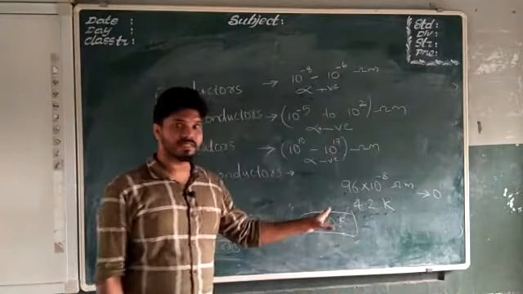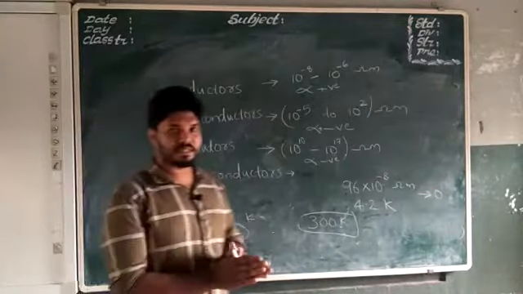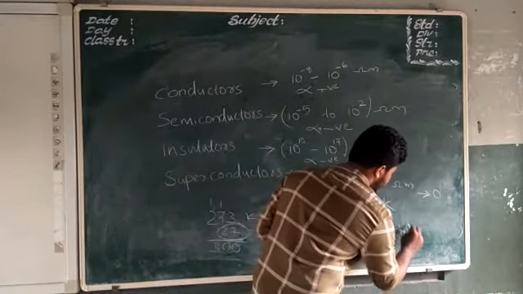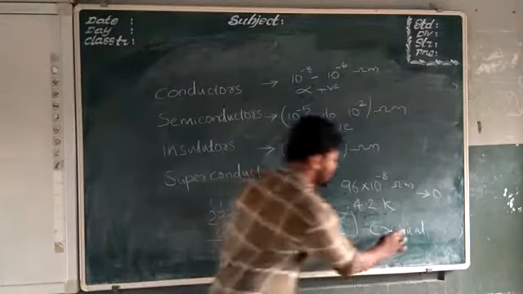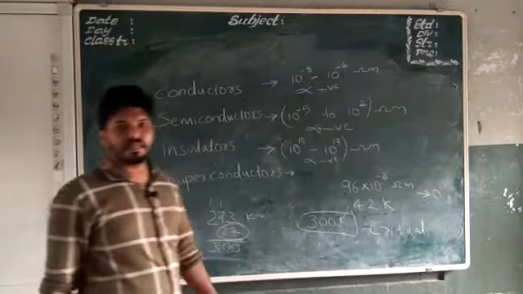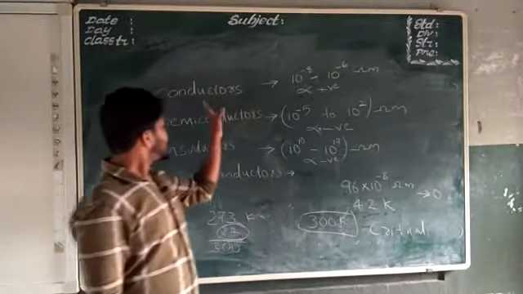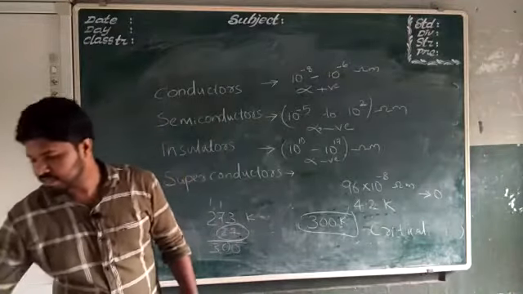This temperature below which a material becomes a superconductor is called the critical temperature. What is it called? Critical temperature. So these are all about conductors, semiconductors, insulators and superconductors.